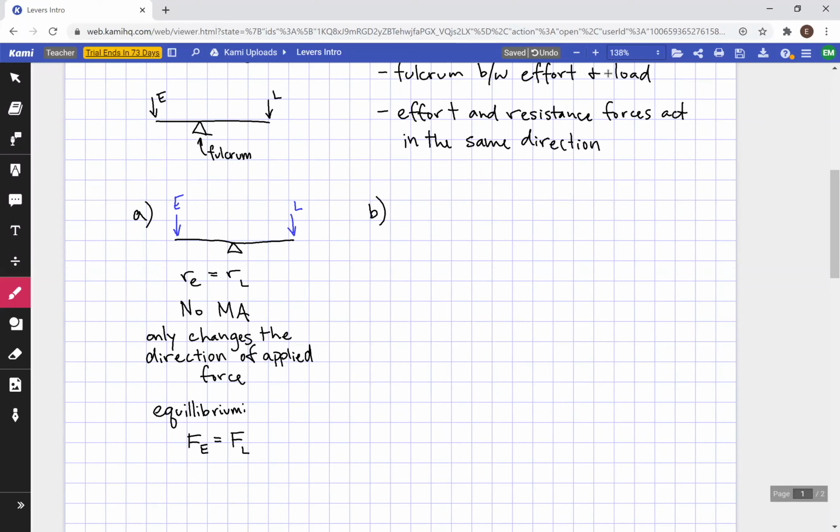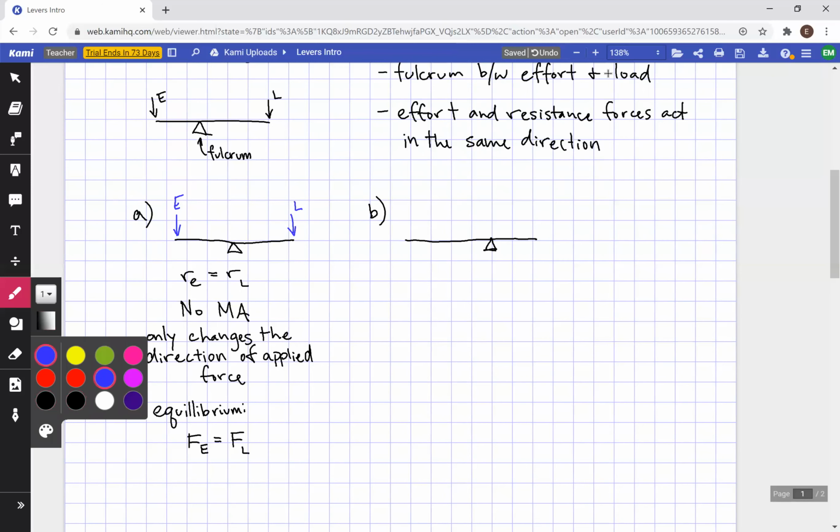The next case that you can see is where the fulcrum is much closer to the load and further away from the effort. So we can say that the radius to the effort is larger than the radius to the load.